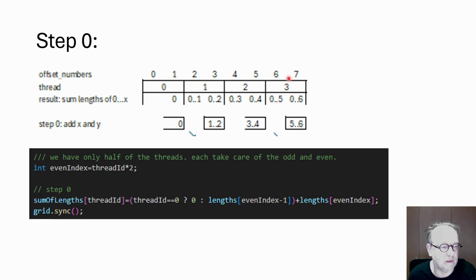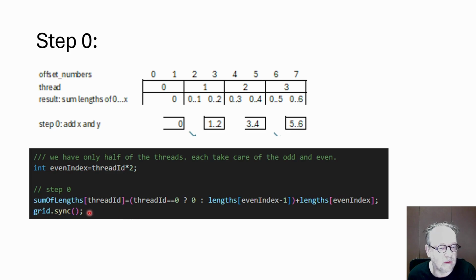For thread number 3, the index is 6, etc. So that's this here. And then the addition is done here. So you see that sum here. It's adding this length and this length. The only exception is in thread 0, because in thread 0 there is no value here, so there that's actually 0. But you see that this is an easy calculation.